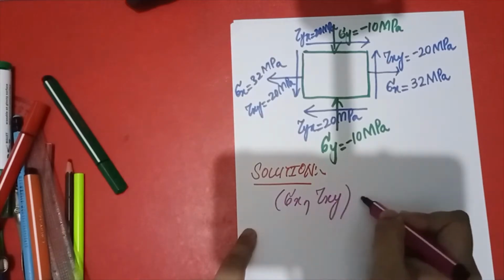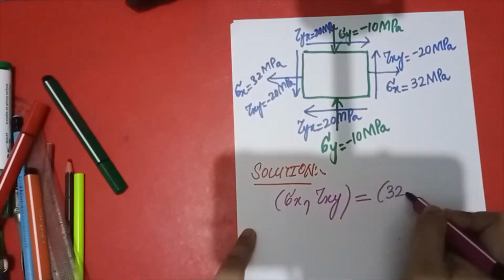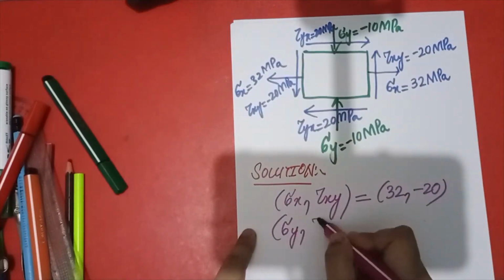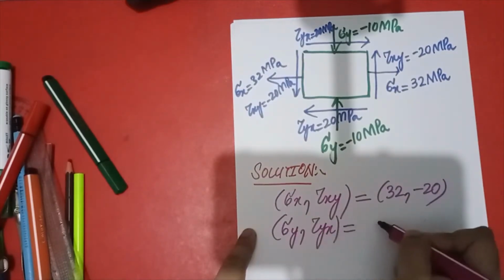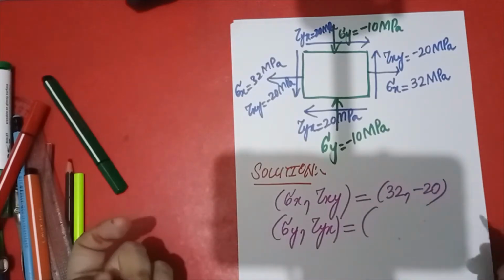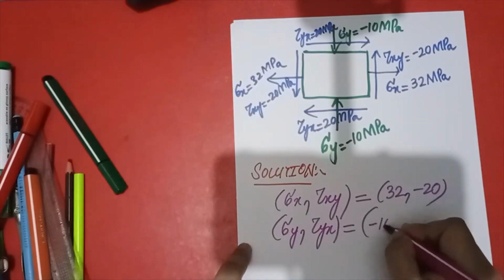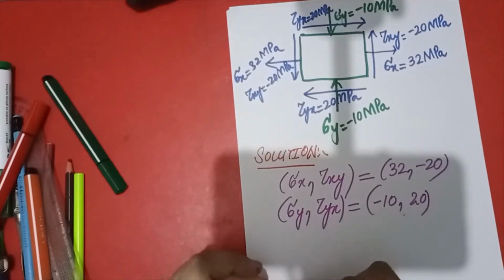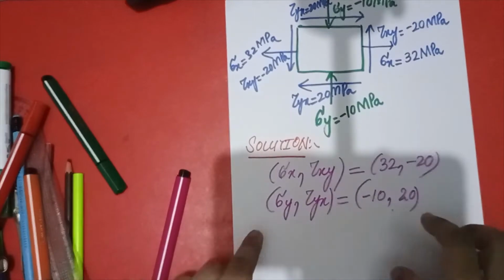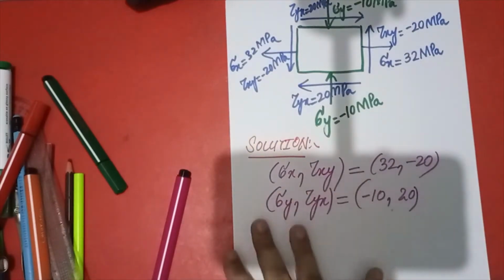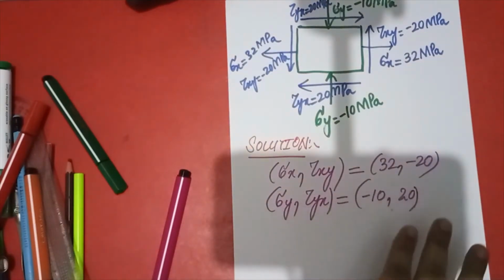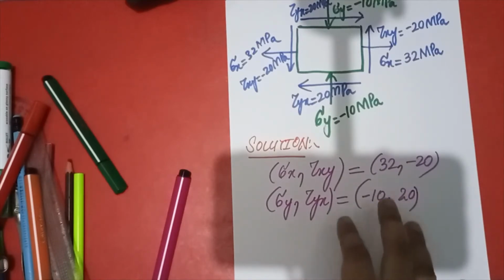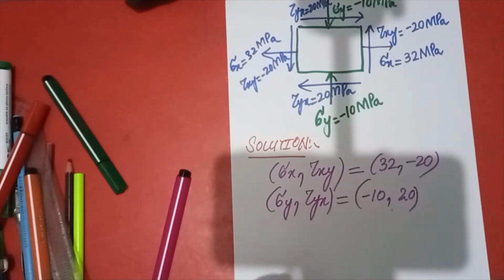I can write it down in the form of coordinates: 32 comma minus 20, and the next is sigma y comma tau yx, which is minus 10 comma 20. These are the coordinates on the basis of which we have to draw the Mohr circle.